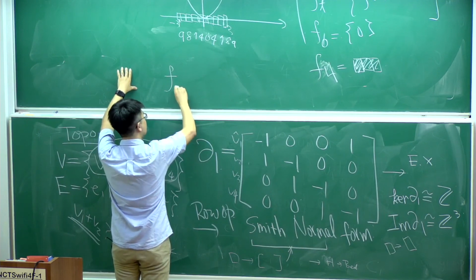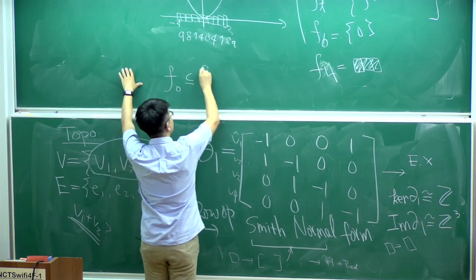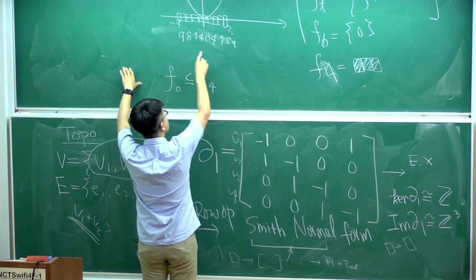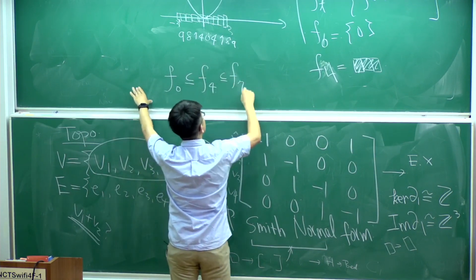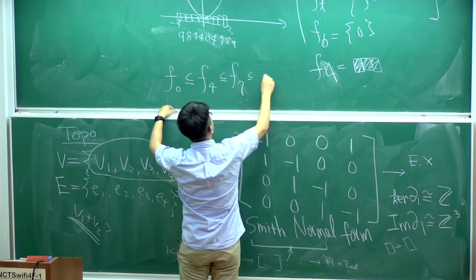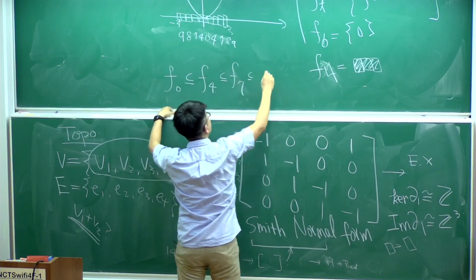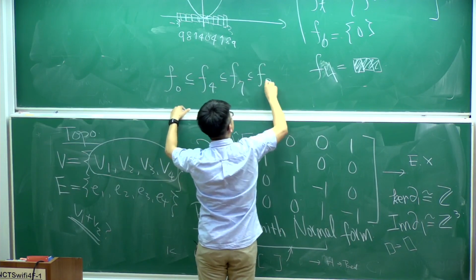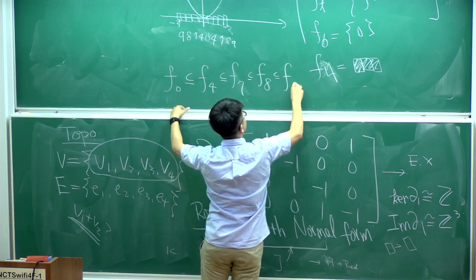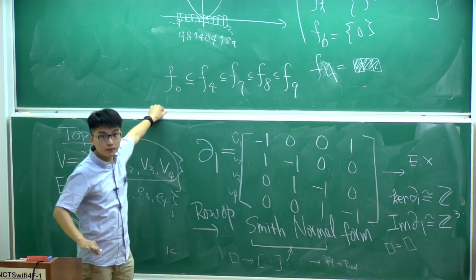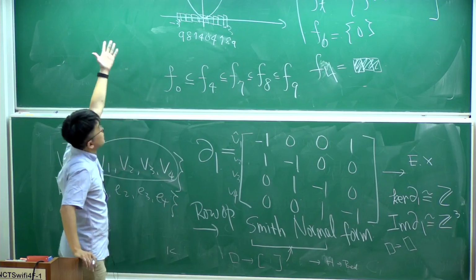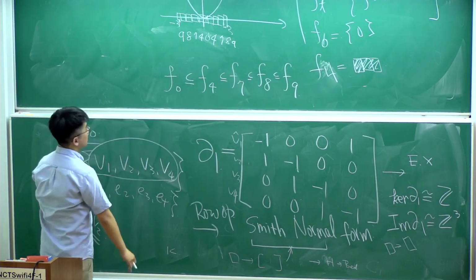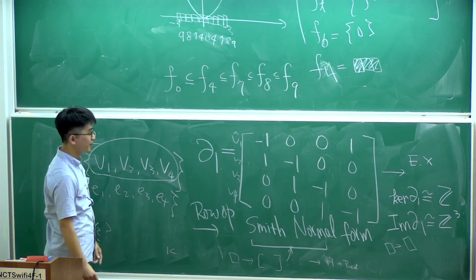So F0 is a subset of F4 in this case. It's a subset of F7, a subset of F8, and a subset of F9. Is that cool? This is just a one-dimensional example, and you can have two-dimensional examples. Good.